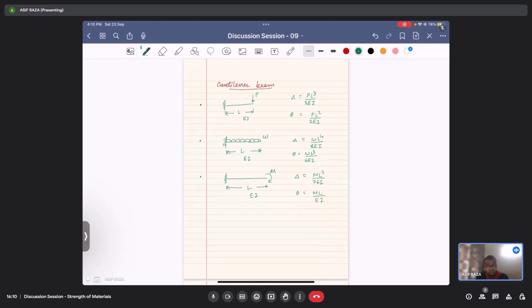These are simple things which you can keep in your mind, and these are all values at B, at the free end.